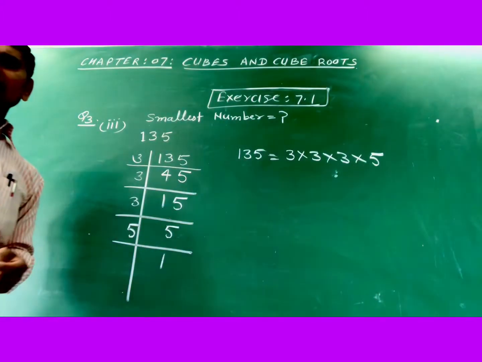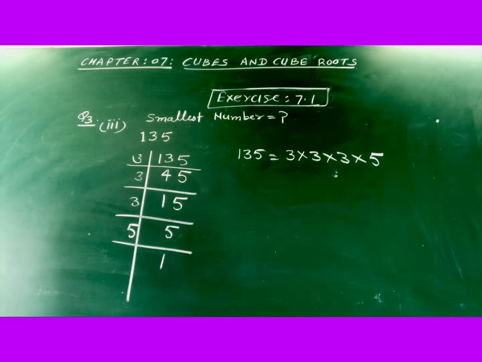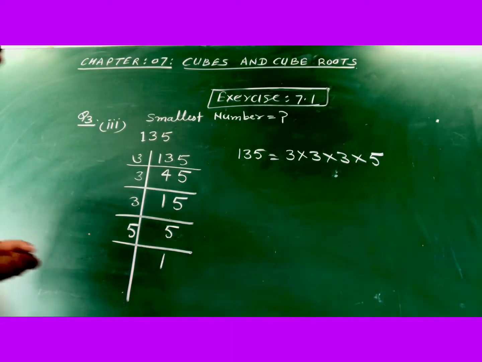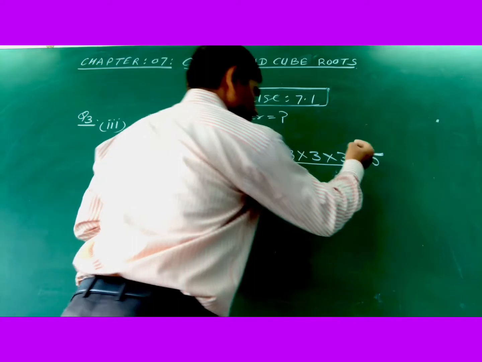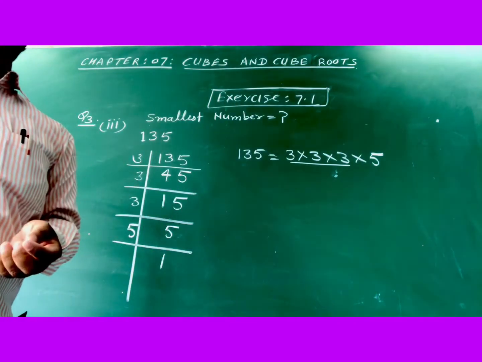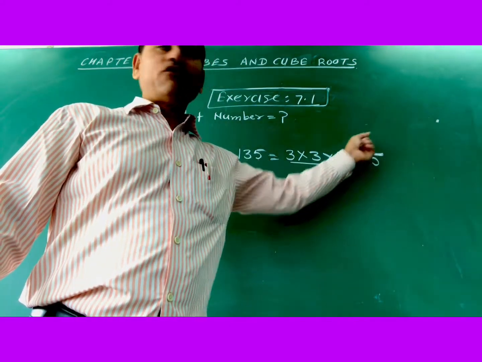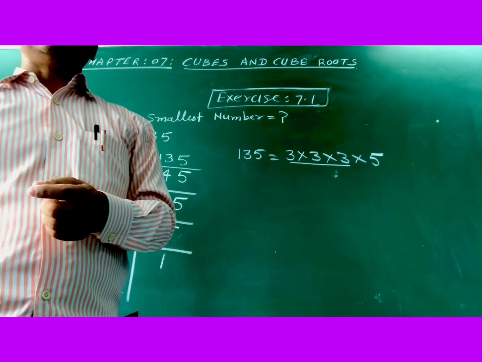Now you will make the triplets of the given factors. This is the first triplet and this is complete. And the triplet of 5 is not completed.